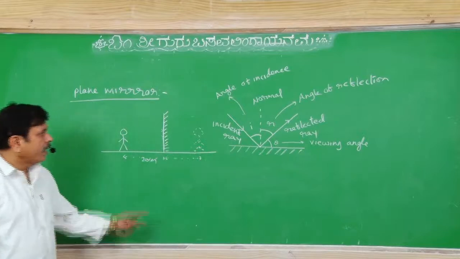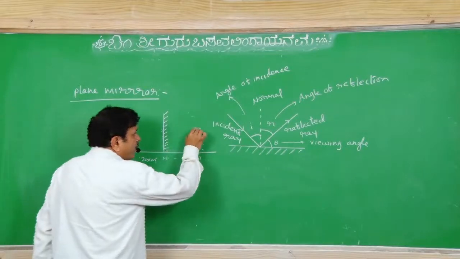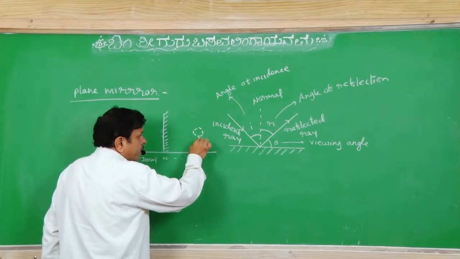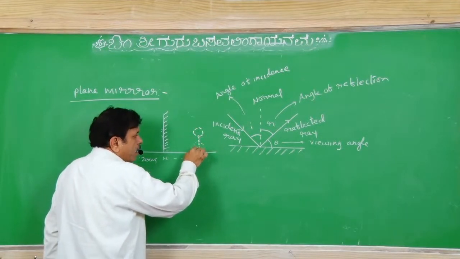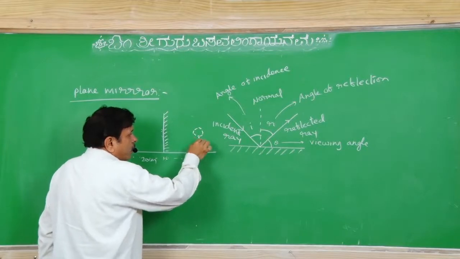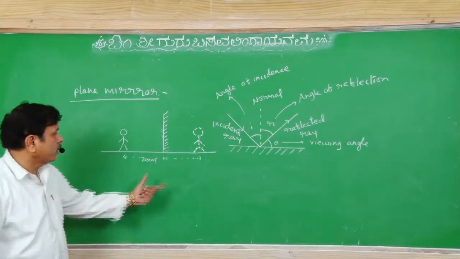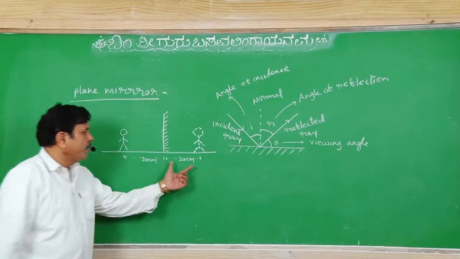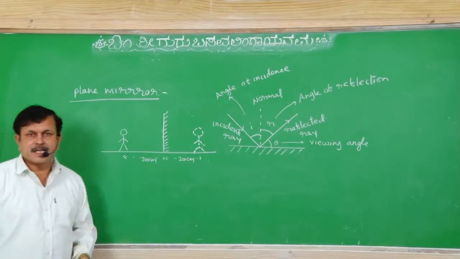So the distance at which the image is formed will be the same as the object distance.